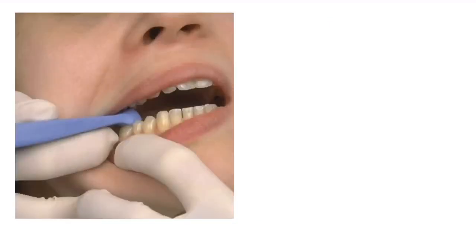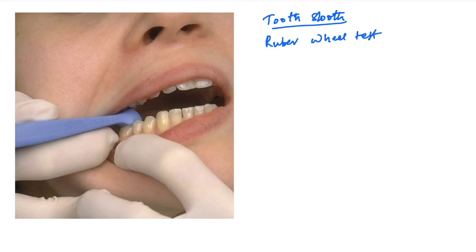One percussion test that is most commonly used, and I hope most of you are very familiar with, is called the tooth slooth. It's also called the rubber wheel test, as they use a rubber wheel here, or it can be called the bite test.